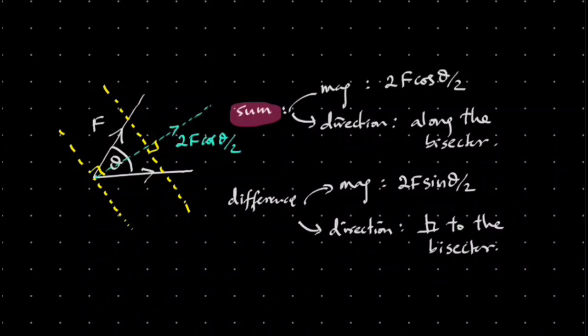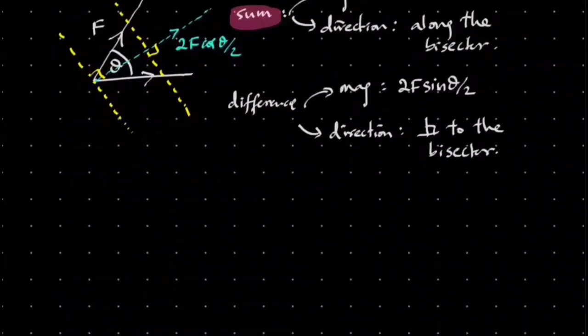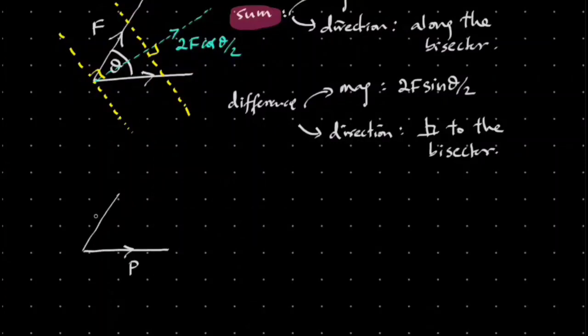Now let's try to get these answers using the knowledge we have. I'll first use the algebraic method, for which we have already developed a formula. As you can remember, we discussed this in the class. For a situation where you have two vectors of magnitude P and Q, the angle between the two vectors being theta, then through the parallelogram law of vector addition, we developed a formula for the resultant.